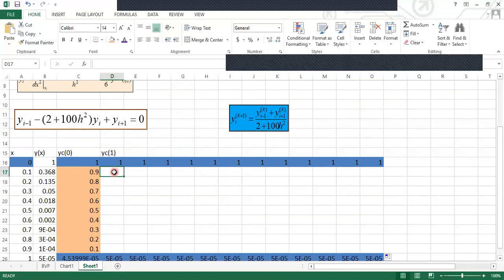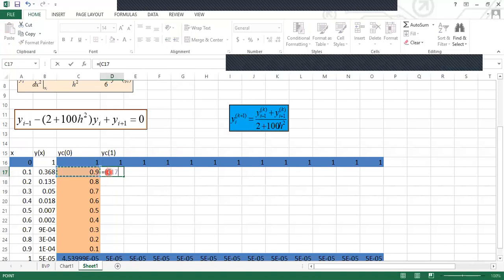So at the ith node, the value will come from the values available for y(i-1), which is over here this value, and then y(i+1). So let's write this expression here.